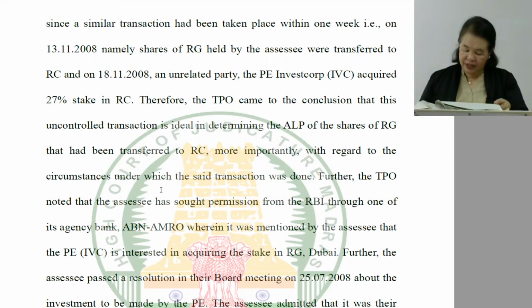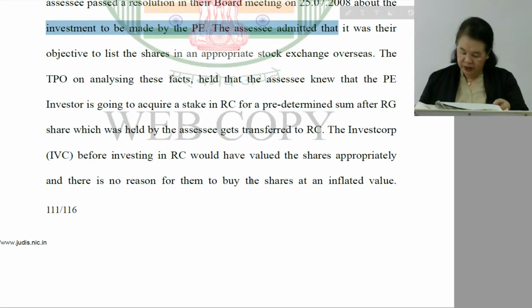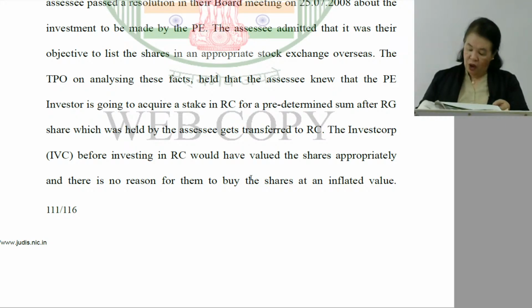So further, the assessee passed a resolution in their board meeting on July 25, 2008 about investment to be made by the PE. The assessee admitted that it was their objective to list the share in an appropriate stock exchange overseas. So the TPO, on analyzing these facts, held that the assessee knew that the PE investor is going to acquire a stake. Kaya nga transfer nila at ang bilis lang, no?